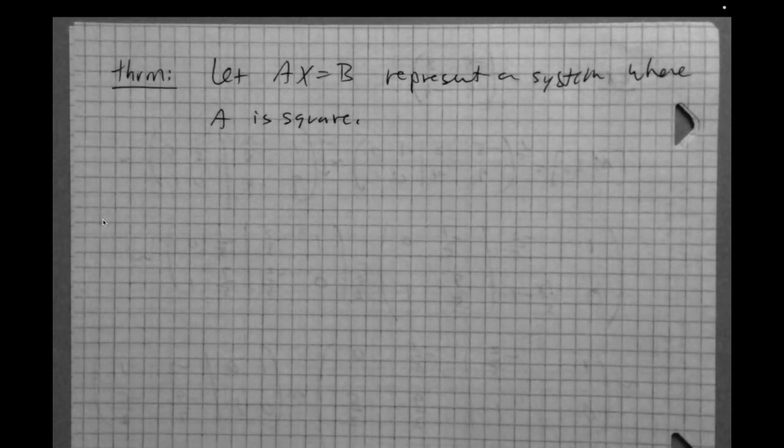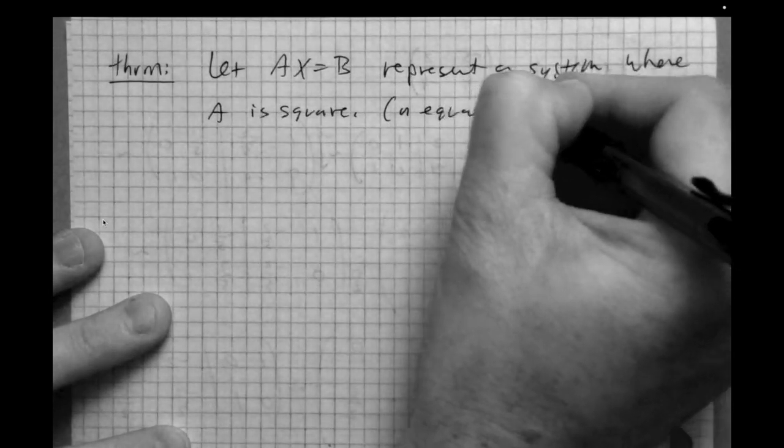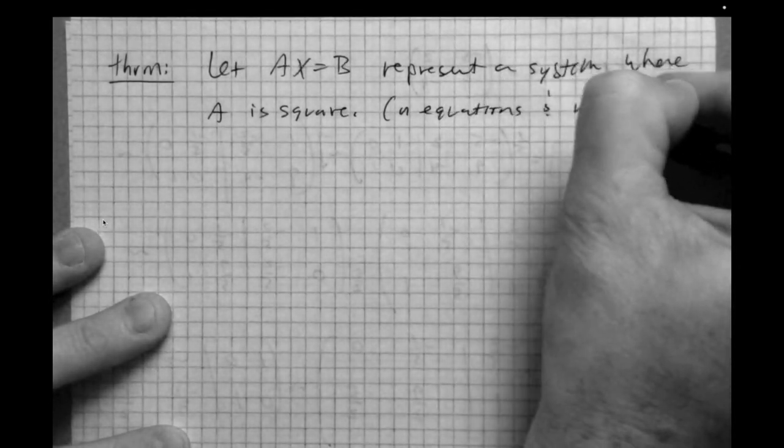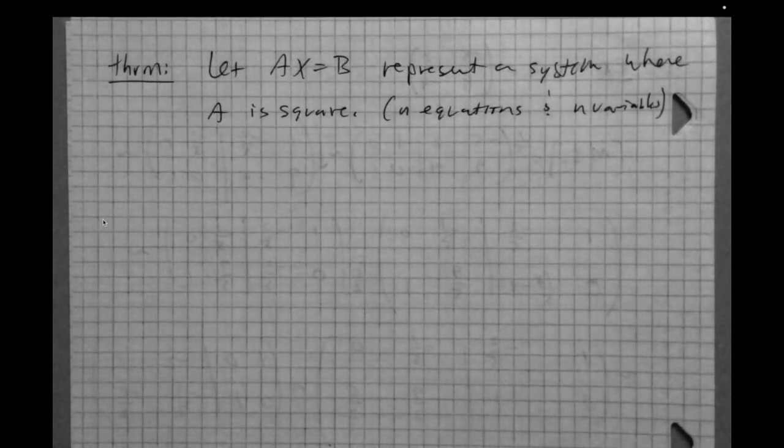If A is n by n, that means there are n equations and n variables. So let AX equal B represent a system where A is the coefficient matrix and it's square.